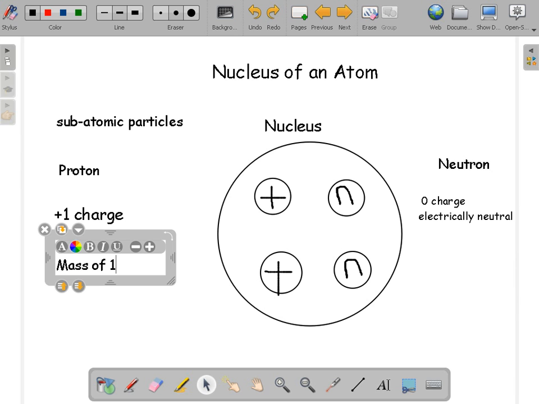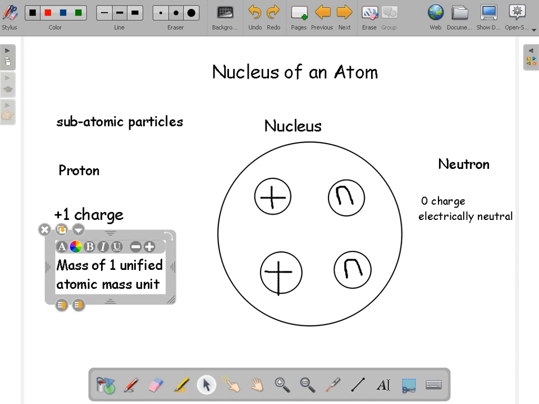Now when I say mass of 1, I don't mean 1 in terms of grams or kilograms. I mean in terms of unified atomic mass unit. Let me just write it. You don't need to learn it for the purpose of GCSE. If you are watching this video for GCSE, it's just me explaining a bit more to make it clearer.